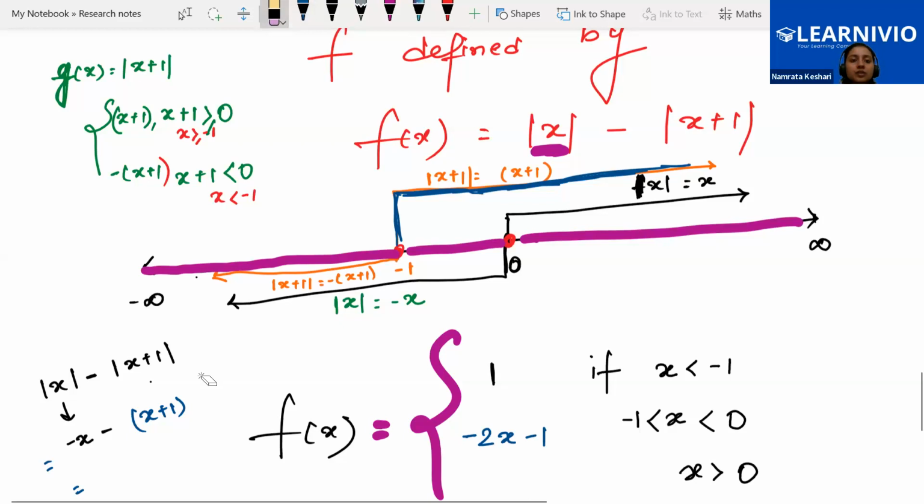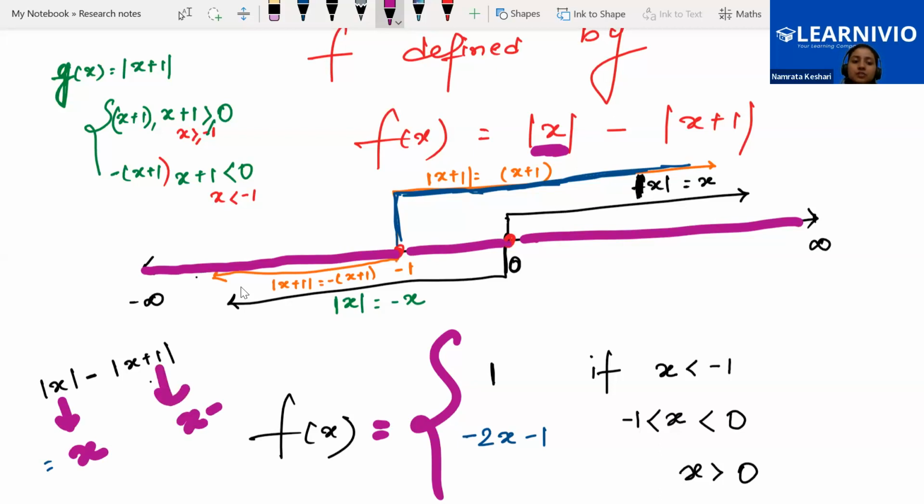Let's continue. If we take the last interval, that is greater than 0, 0 to infinity. So here this modulus of x is just x, and this is also just x plus 1.